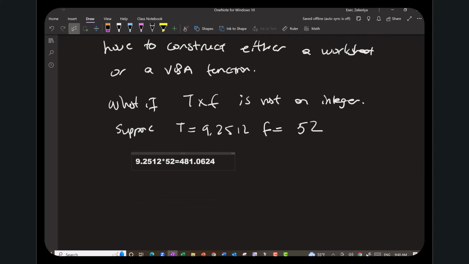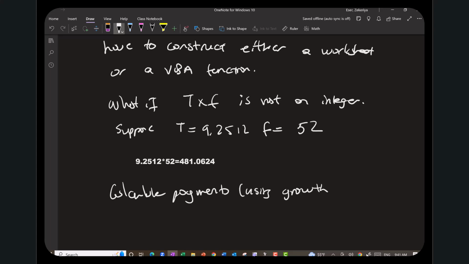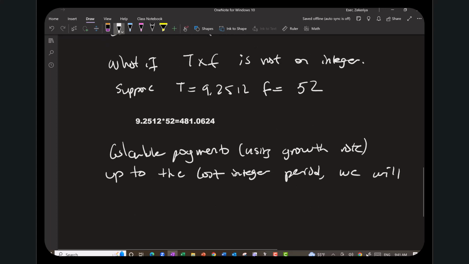So we're gonna calculate payments using growth rates up to the last integer period, and we will prorate payment for the non-integer last period.